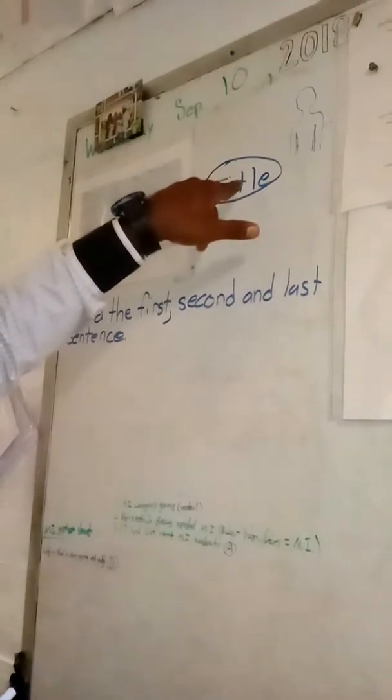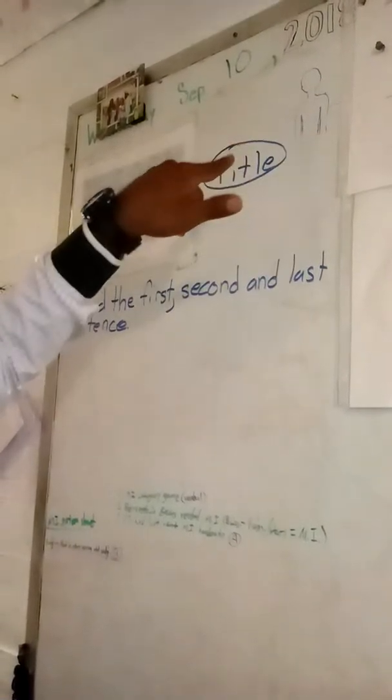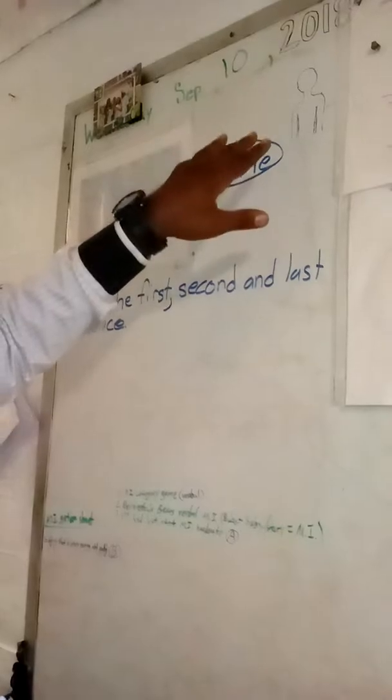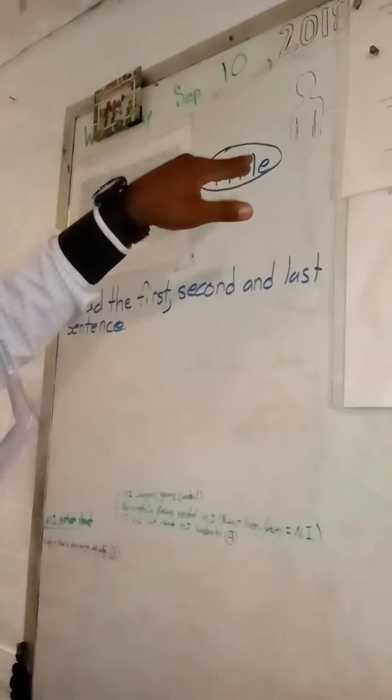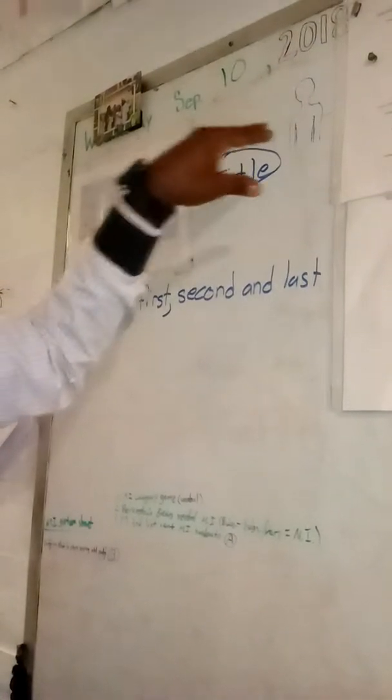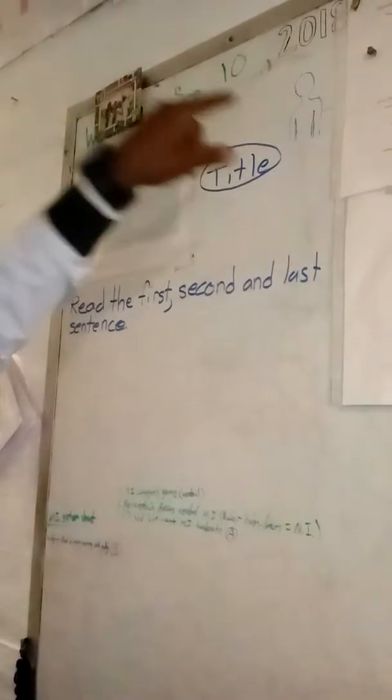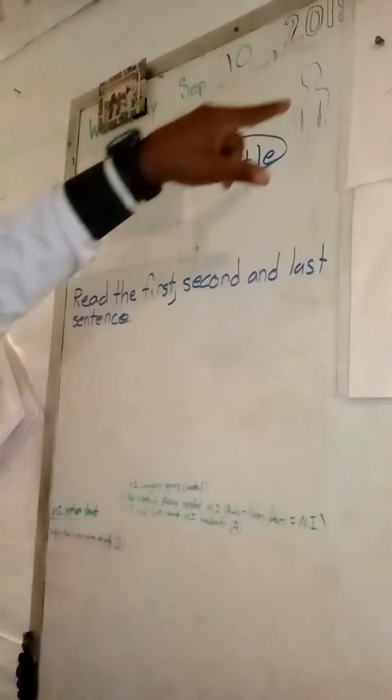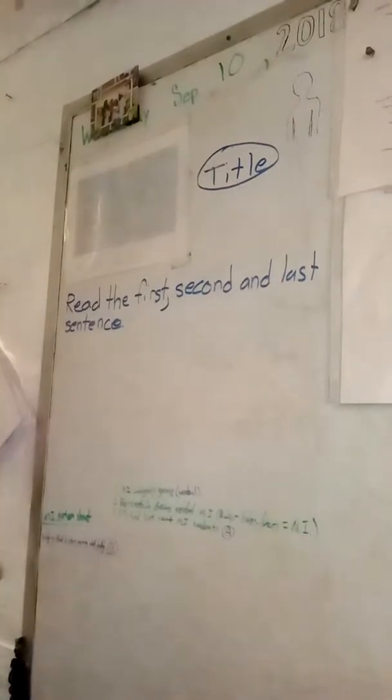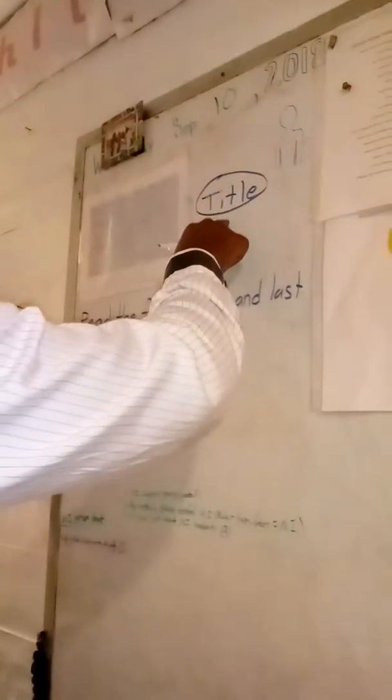Does the title have something to do with the picture? Now, if it has something to do with the picture, is that giving you a good idea of what the story or the passage is going to tell you? Does it? So we'll see. Now, we look here at the title.